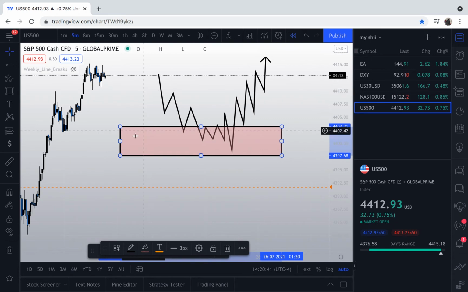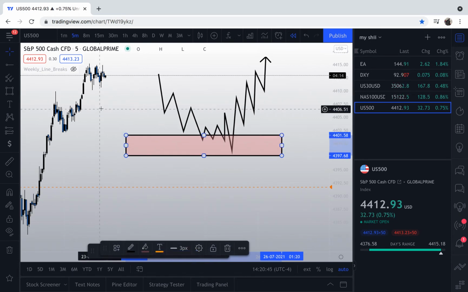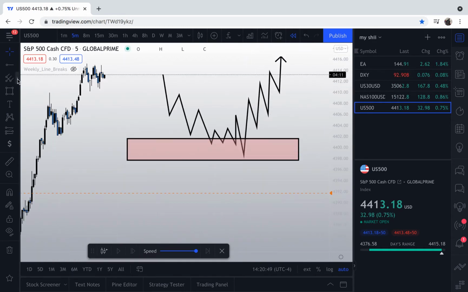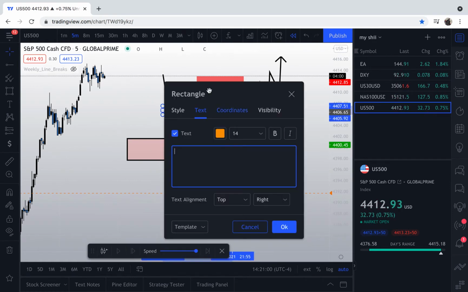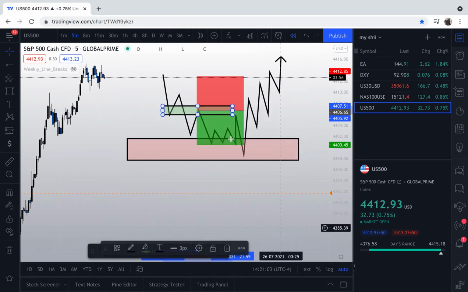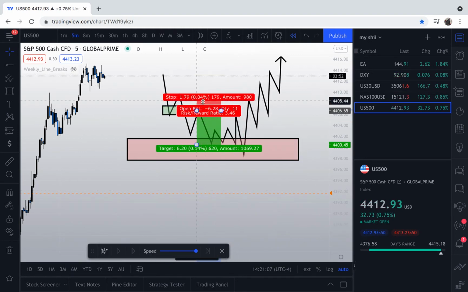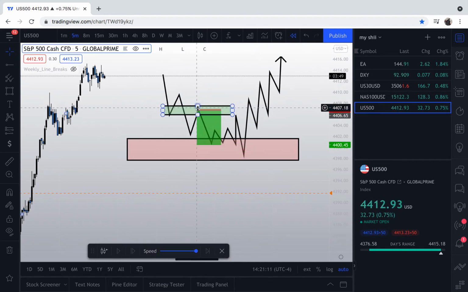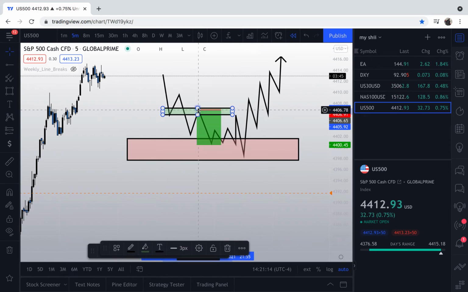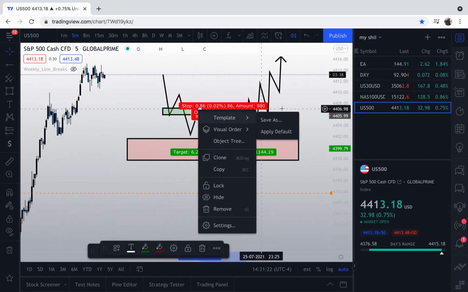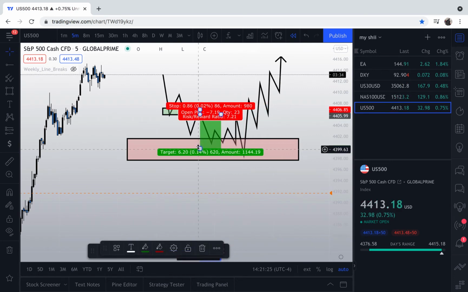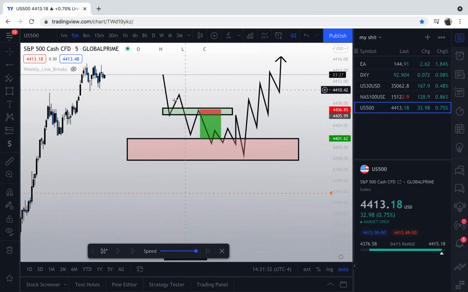and we're either entering off of the continuation off a valid OB that's trending in that way, or getting active in the reversal.